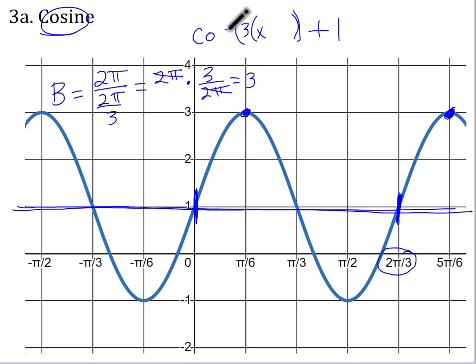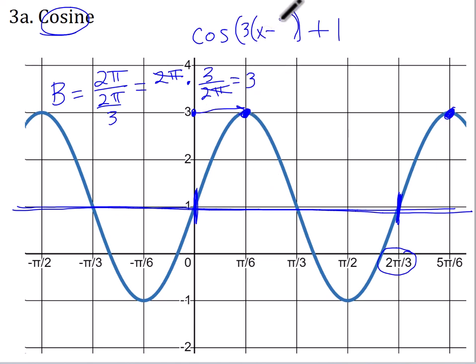And so we know this is going to be a cosine equation because that's what I'm trying to write it as here. And so cosine, if you notice here, is starting at pi over 6. And so what I have to do is I have to shift my cosine. What would normally be here is now over to the right, pi over 6.